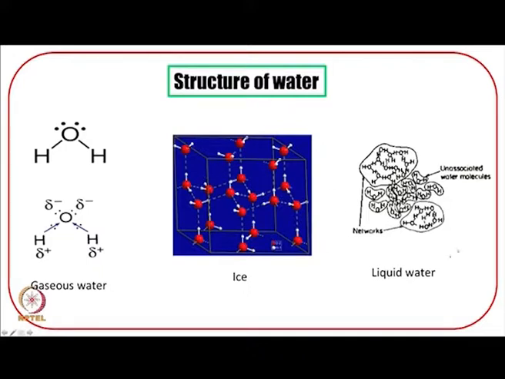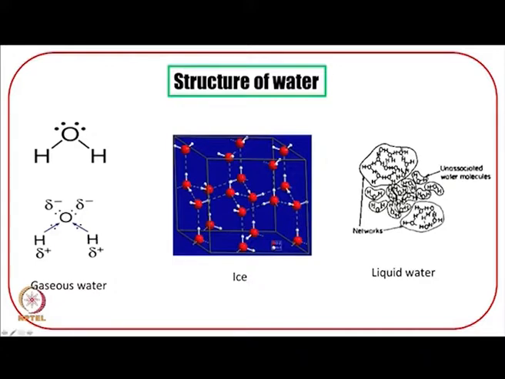And this is the cartoon diagram which represents the structure of liquid water, which is a mixture of unassociated monomeric water molecules and the regular tetrahedral network like in ice. This is a very fast equilibrium. At any given instant, this monomeric water molecule will be a part of the regular tetrahedral network and vice versa.